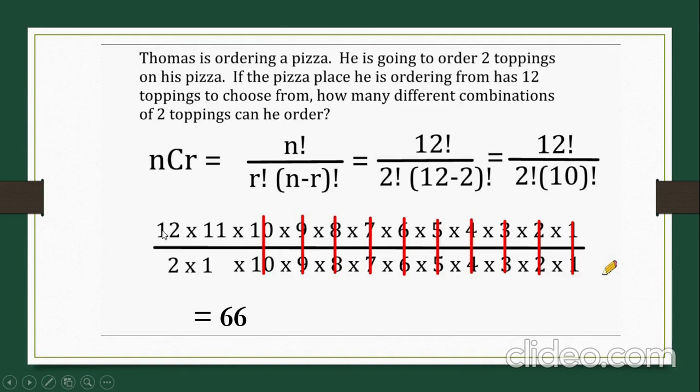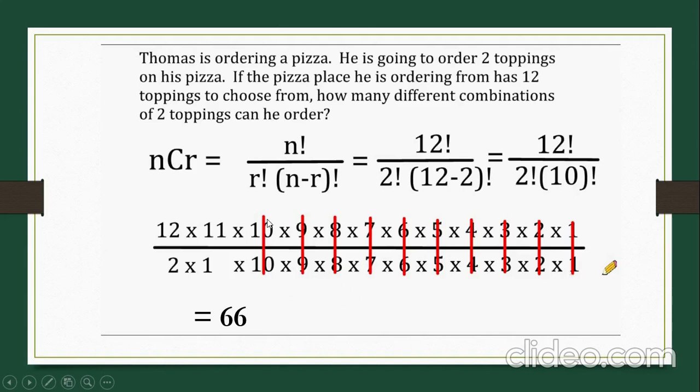So 12 factorial is equal to 12 times 11 times 10 times 9 times 8 times 7 times 6 times 5 times 4 times 3 times 2 times 1. For the 2 factorial, we have 2 and 1. For the 10 factorial, we have 10 multiplied down to 1.